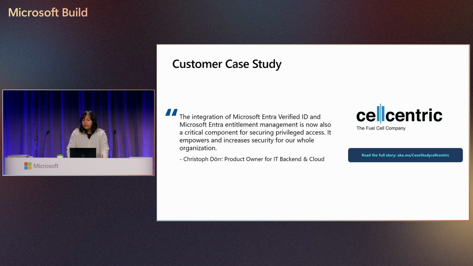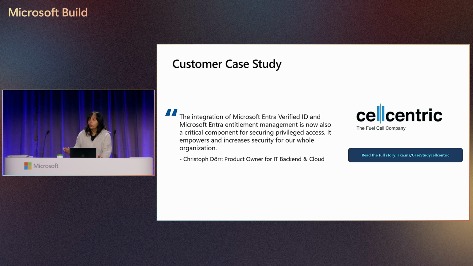Lots of customers are doing this already. Centric is an example of that. They needed a way to better manage role permissions for users that have high-level permissions because their old process was manual, slow, and error-prone. With our integration, they've been able to significantly improve that process with automation, as well as these high assurance user verification flows.